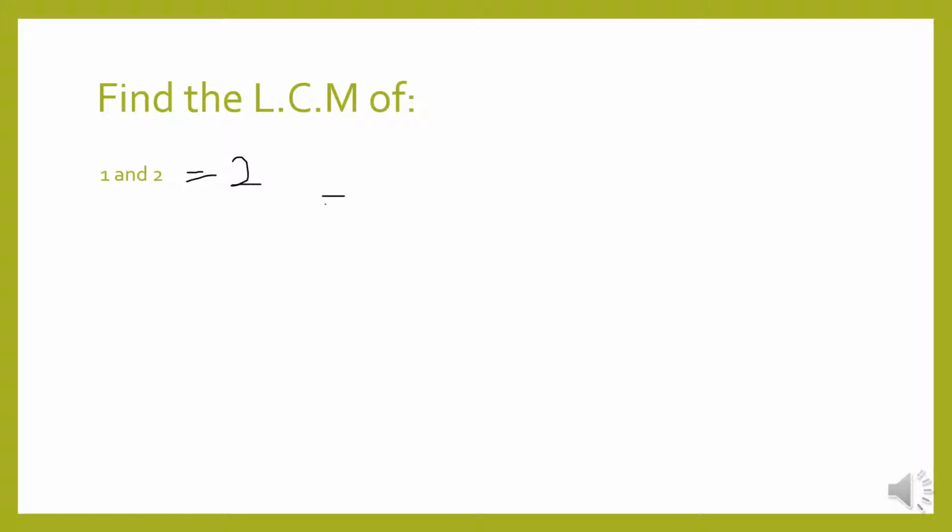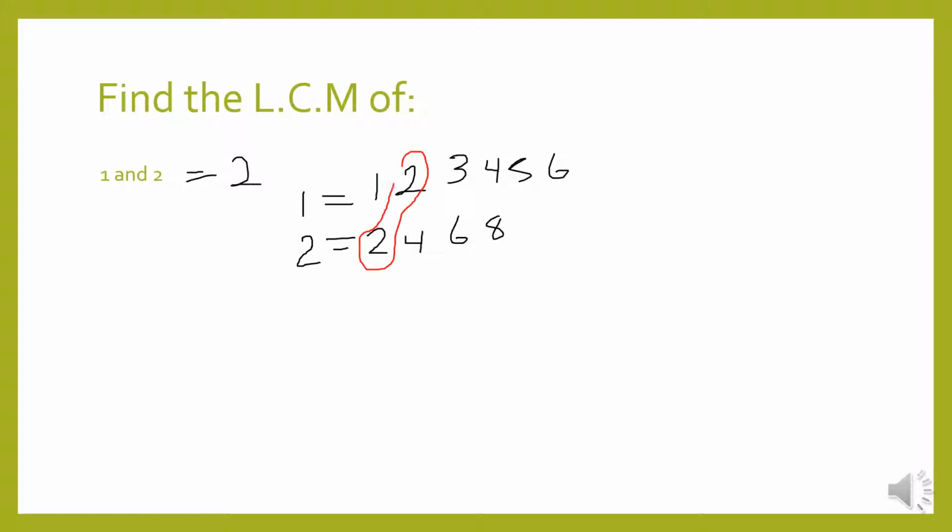Let's count in ones. 1, 2, 3, 4, 5, 6, and so on. Let's count in twos. 2, 4, 6, 8, and so on. And immediately we can see that the lowest common multiple that they both have is 2. So the LCM of 1 and 2 is 2.